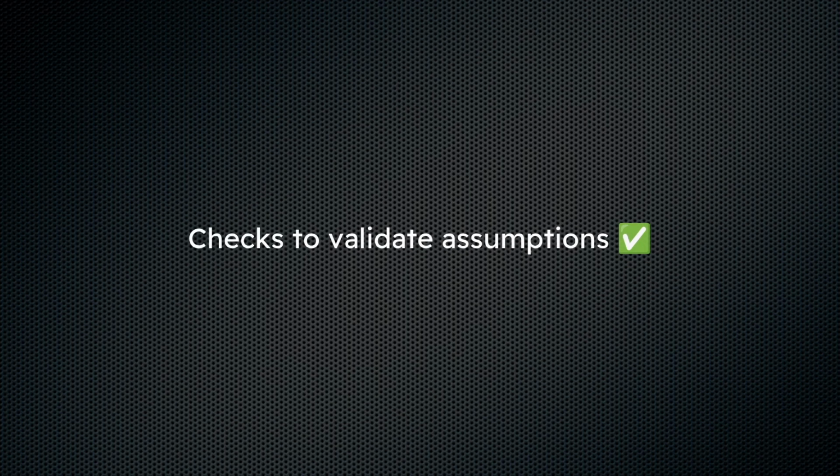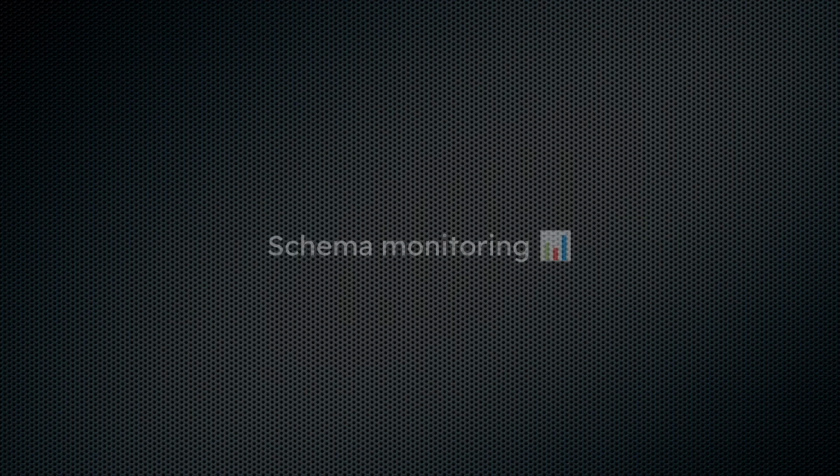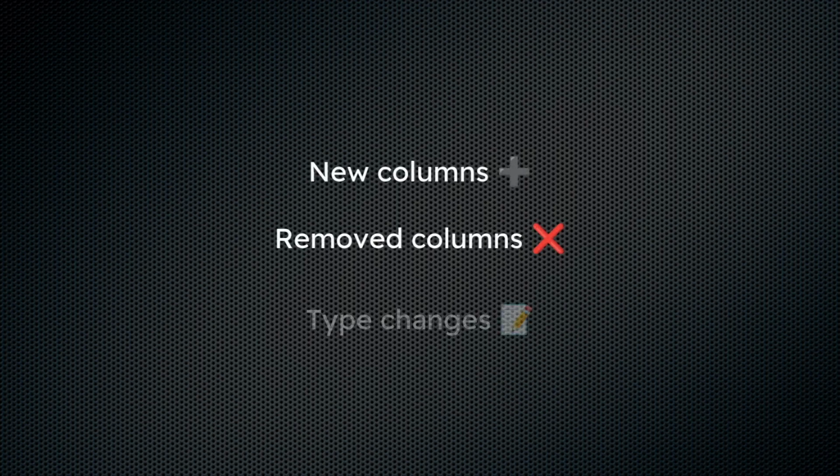That's why a robust data pipeline isn't just about moving data. It also needs checks that validate assumptions like, are values within expected ranges? Schema monitoring that detects new columns, removed columns, or type changes.